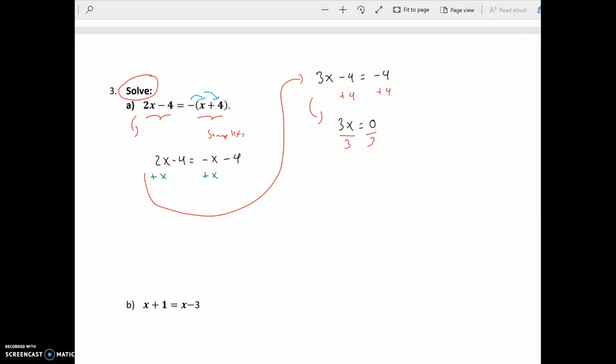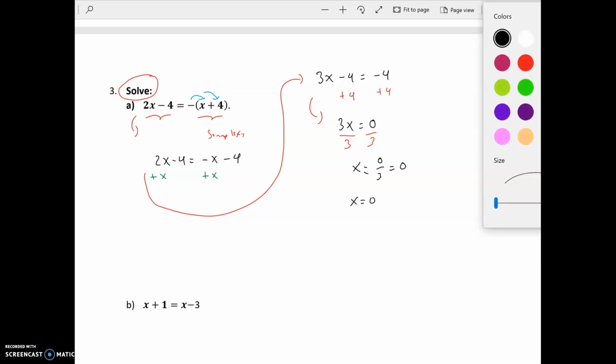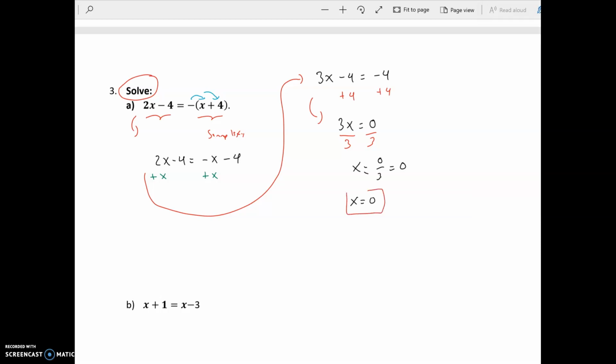So we're looking at x is equal to 0 divided by 3, which is equal to 0. So in this case, our final solution is that x is equal to 0. So that would be the actual value that if you plug it into the original statement, you're going to get a true statement for both sides of the equation.